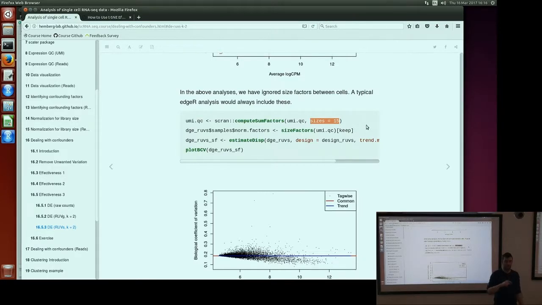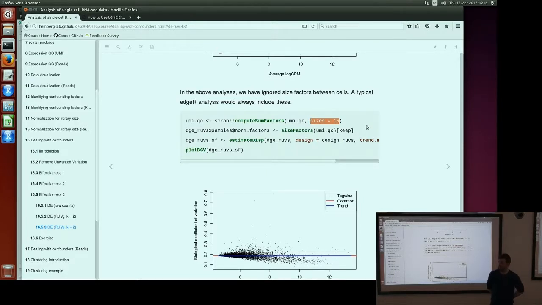We want that to be smaller than the smallest group size in this case, which, since we downsampled the cells to 20 per batch, we want to be less than 20. But from experience of using sum factors, you can also let the defaults work, and they tend to perform pretty well in my experience.